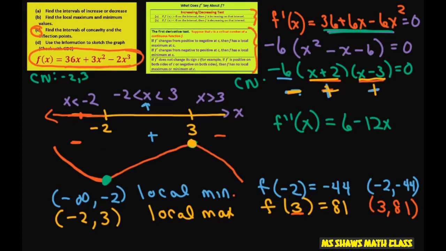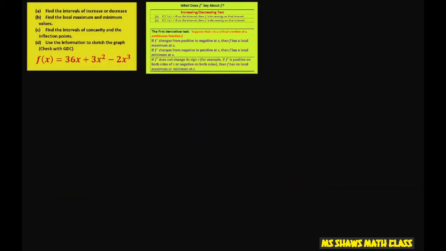All right, so let's write that down. Our second derivative f double prime of x is 6 minus 12x. Set that to 0. You're going to get 6 equals 12x. And so x is just going to equal 1/2.